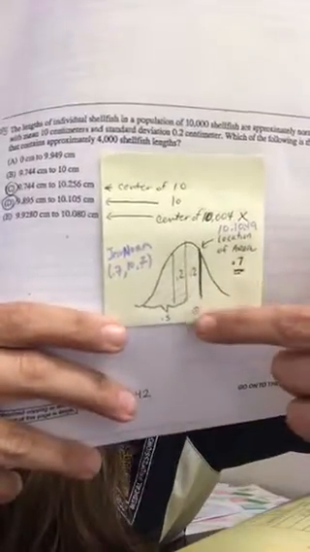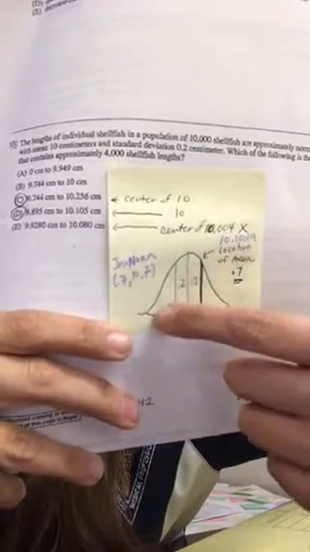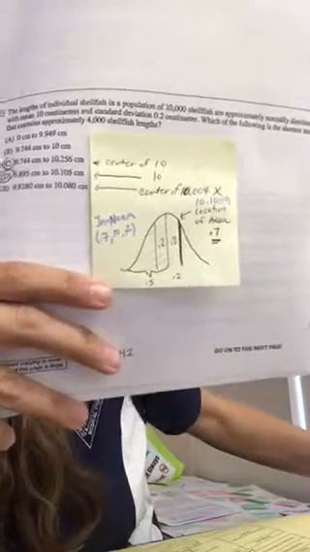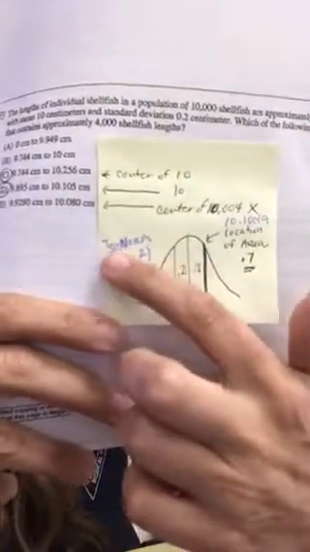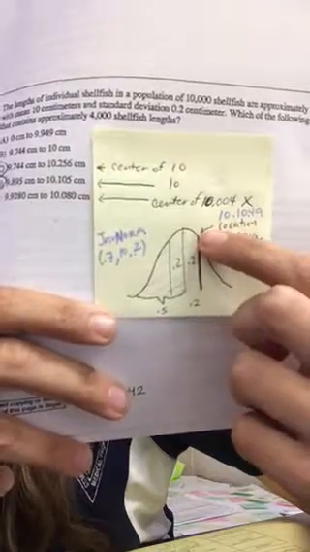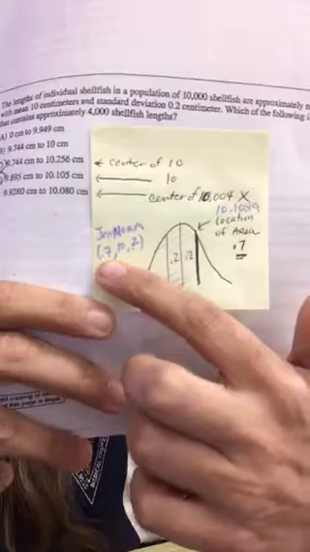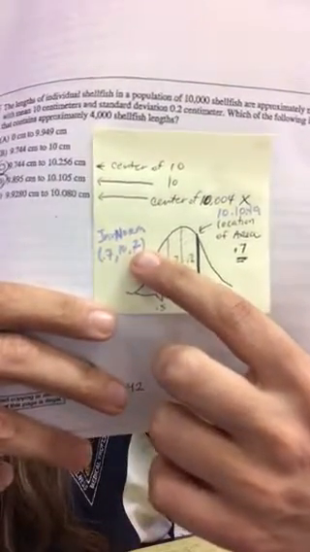Now looking at this again though, that would be 0.2 above the mean, and you'd think of it, because when I look at z-score, that's the area under the curve to the left. So I actually am trying to use the calculator and do an inverse normal calculation. What is the value at the 70th percentile, or if I know the area under the curve is 0.7, and the mean is 10, and the standard deviation is 0.2.